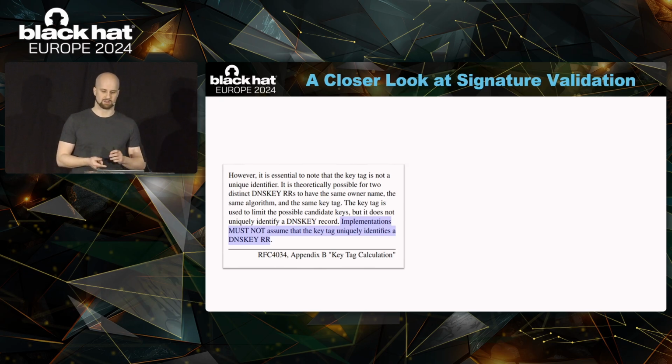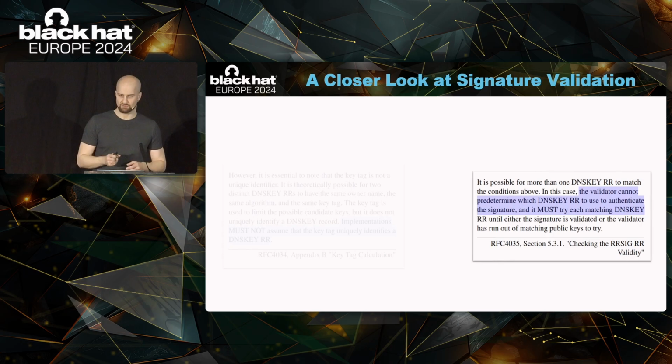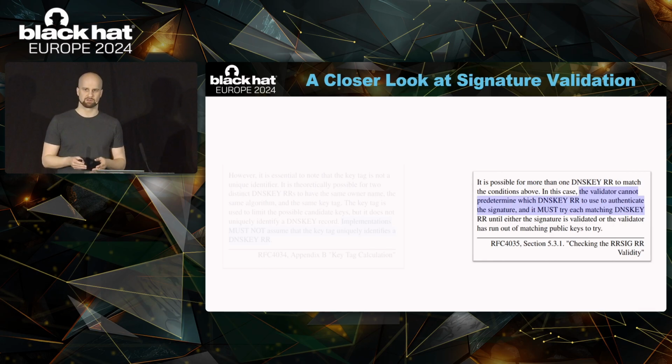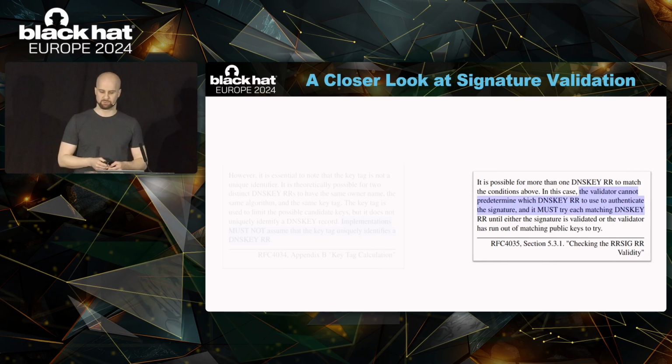So first of all, resolvers and validators must not assume that the key tag uniquely identifies the DNS key. And if this whole triple is not unique, then the validator cannot really select between them, but must, by means of the specification, try all of them until it runs out of keys to try or finds a pair of keys and signatures which validates.